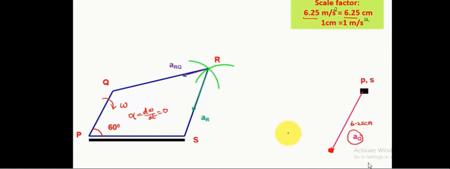So now the next point will be the acceleration along QR. Using a rolling scale, trace a line which is parallel to QR. Q we already got, R we don't know. So trace that line, and that should be equal to the radial component of AQR.